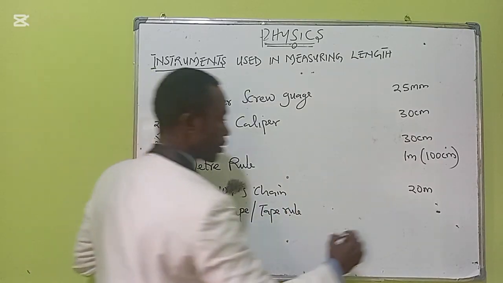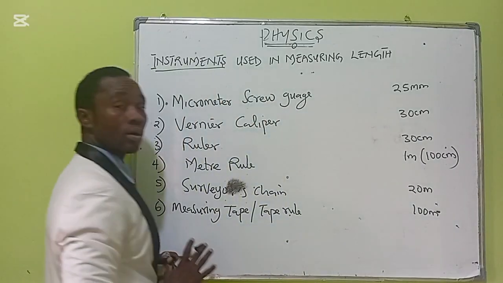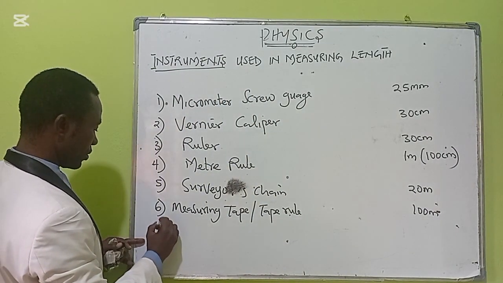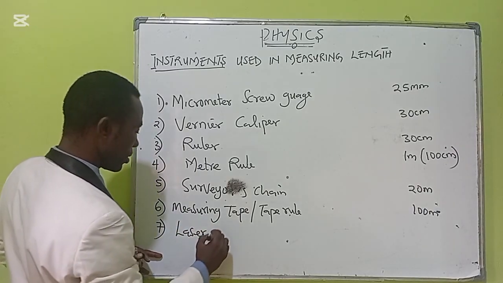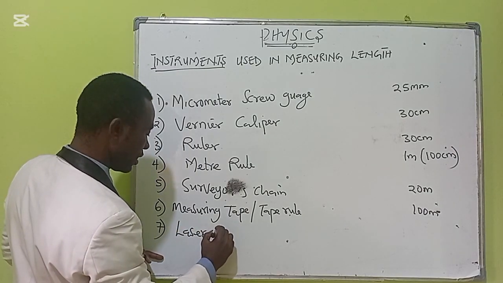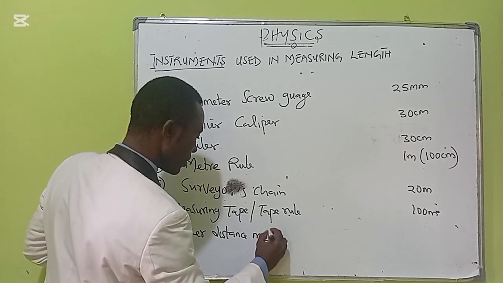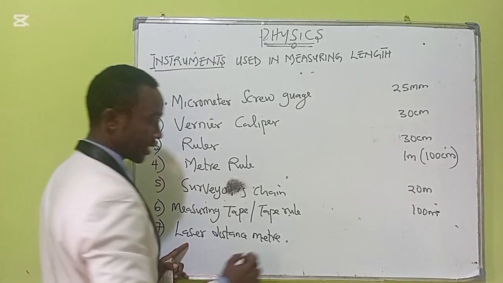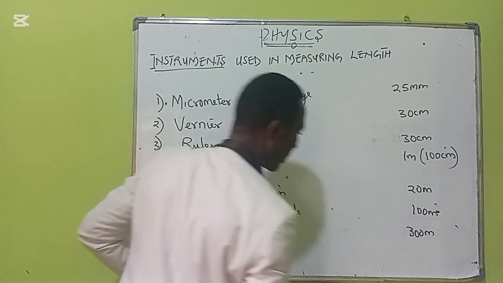A tape rule can measure up to 100 meter depending on the type. Then number seven, you have the laser distance meter, which can measure distance up to 300 meter.